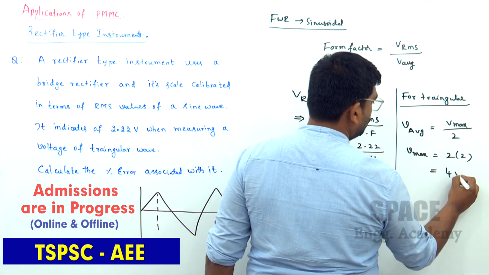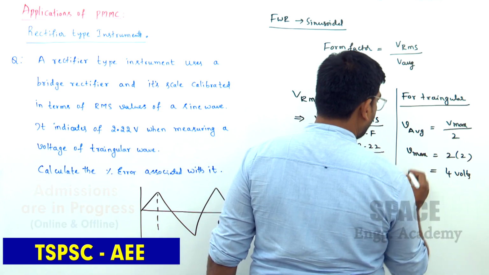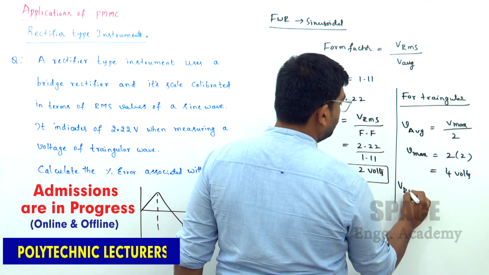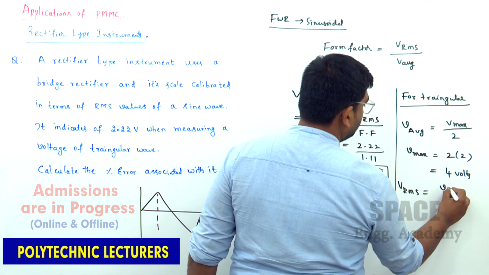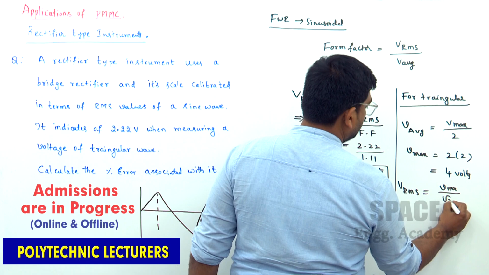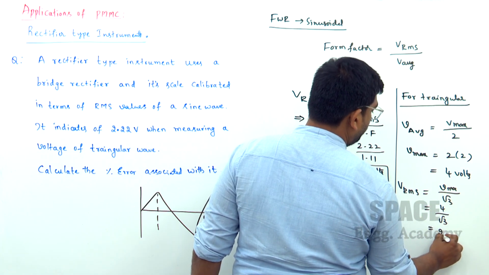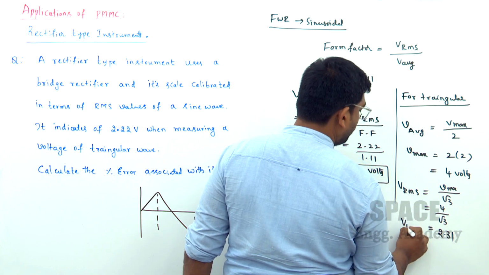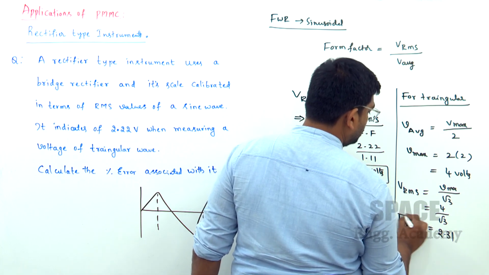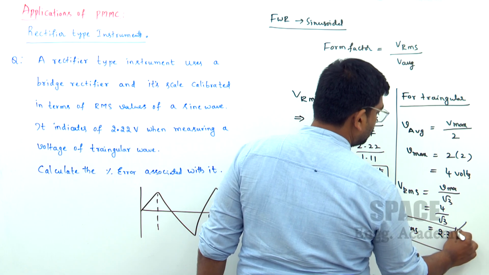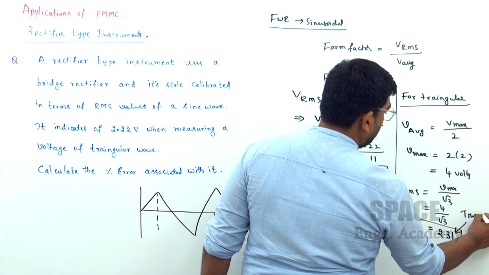So, it is 4 volts. From here, what is the RMS value of triangular waveform? That is Vmax by root 3. So, 4 by root 3 means we will get around 2.31. This is the RMS true value. Got the point? True value.